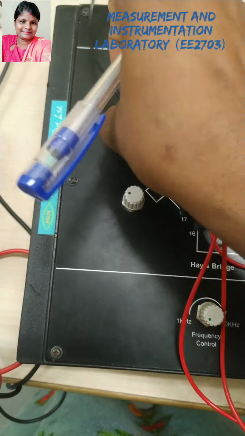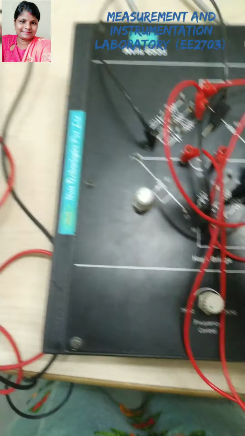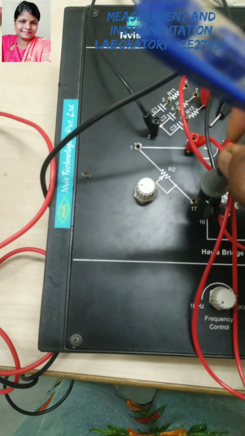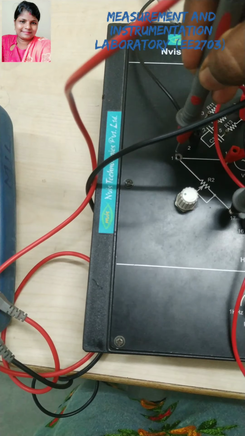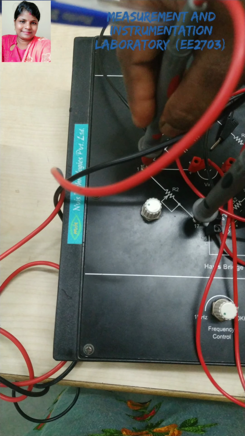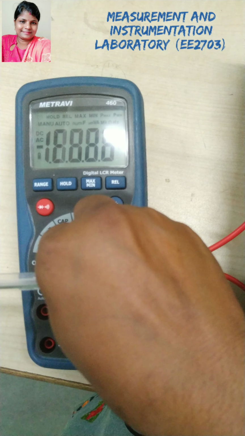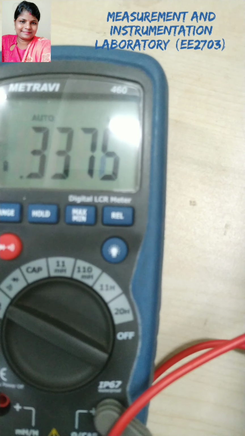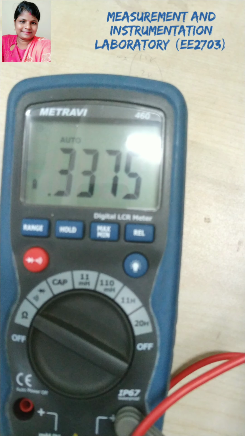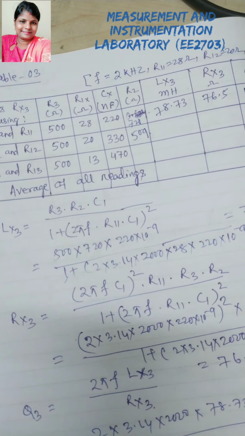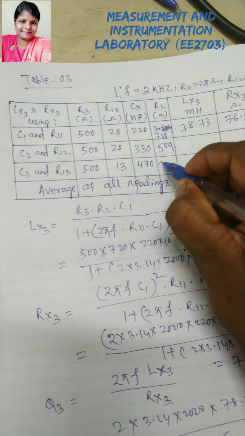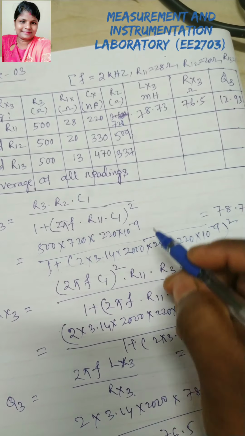And take the value of R2 by connecting multimeter. Here the value is 337. Write here 337.